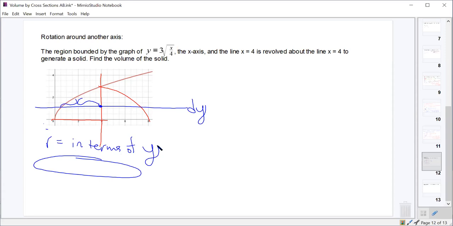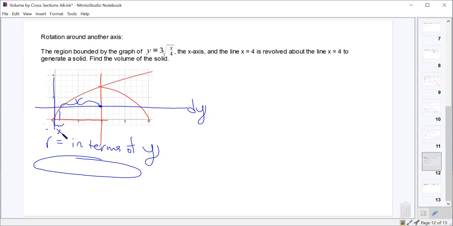In order to figure out the radius in terms of y, we're going to pretty much always have to figure it out in terms of x first. The most important thing to remember when you're looking for these radii is that x is always measured from the y-axis going to the right to some value of the function. So this little tiny piece here that I've drawn from the y-axis to wherever we're hitting is x.